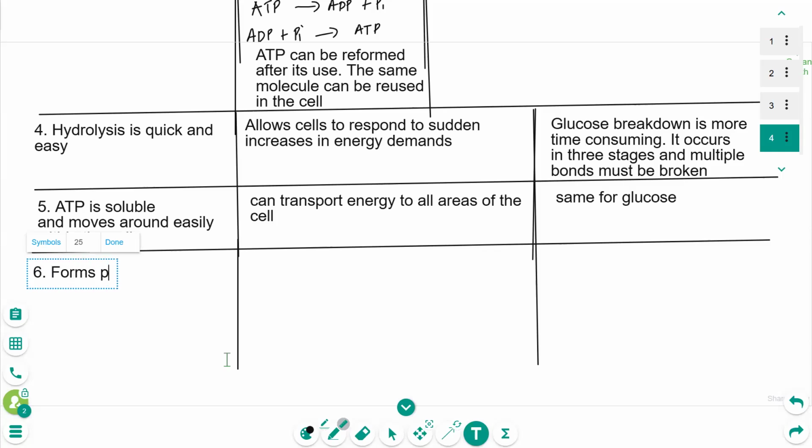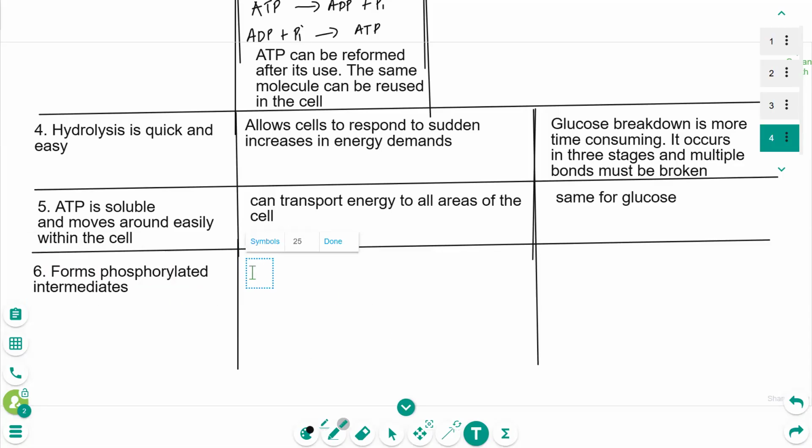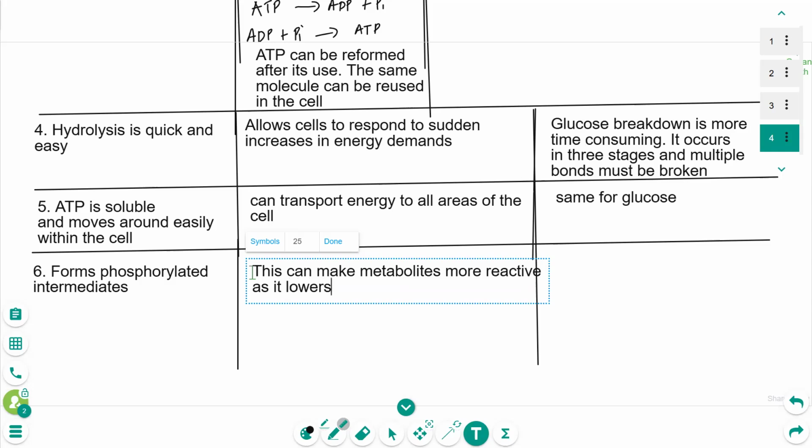ATP forms phosphorylated intermediates, and this can make metabolites more reactive as it lowers the activation energy of the reaction.